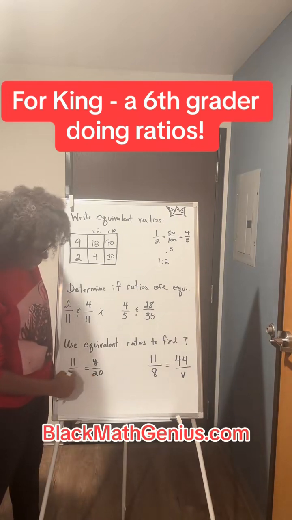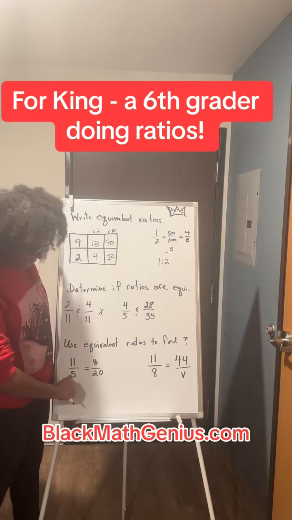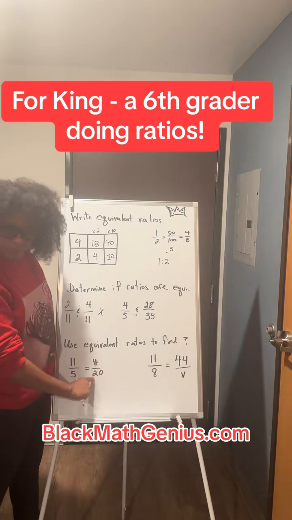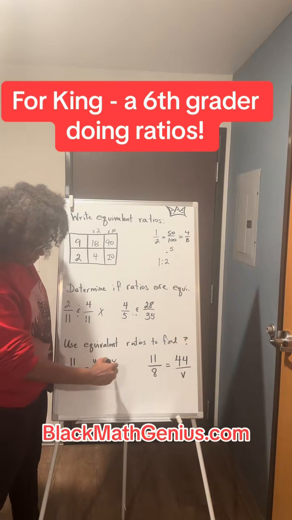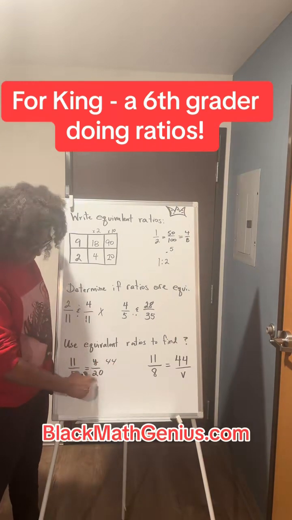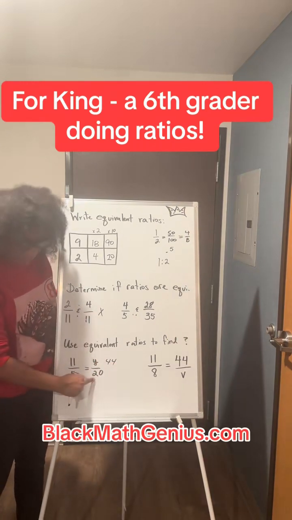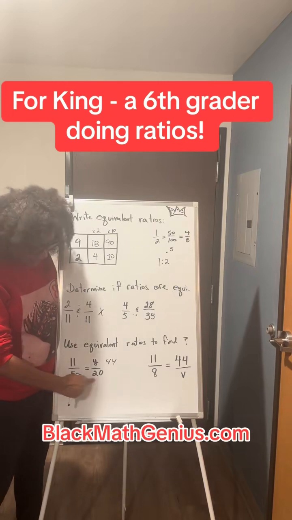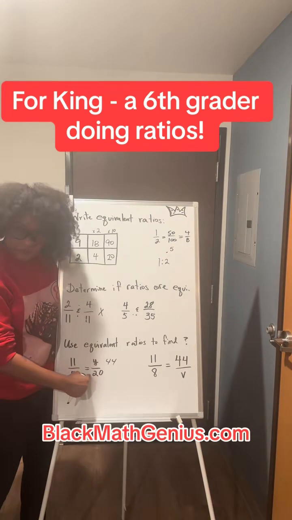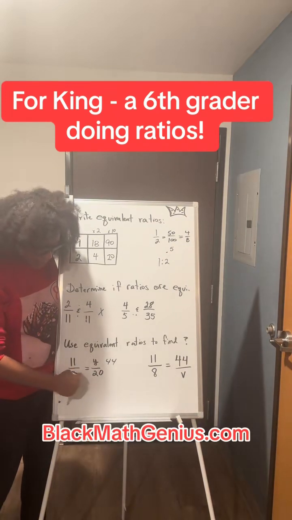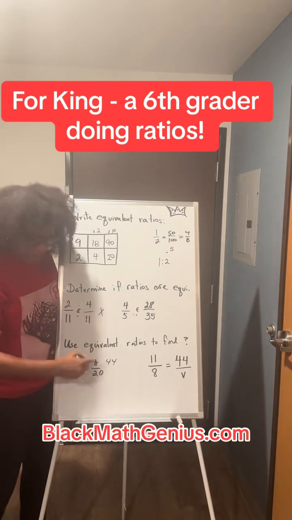Let's stick with the numbers. What do you multiply 5 by to get 20? 4, so multiply 11 by 4, and you'll get 44 over 20, okay? So I look at it and say, what do I need to do to go from here to here? I multiply by 4 to go here, so I multiply by 4 here.